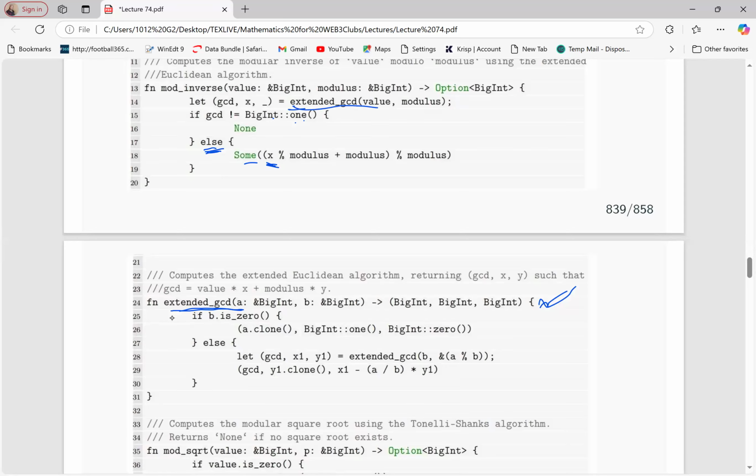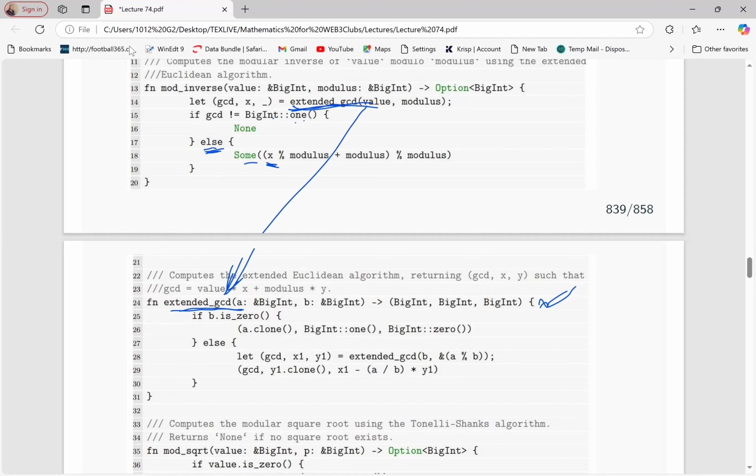Here we were just calling upon it, and it's down here. Once you call upon it, its role is to do the inverse for you.